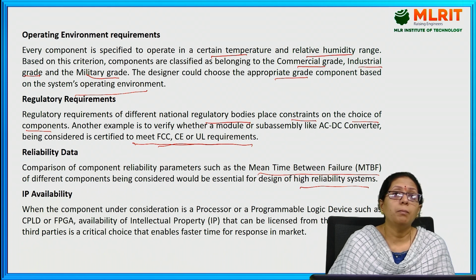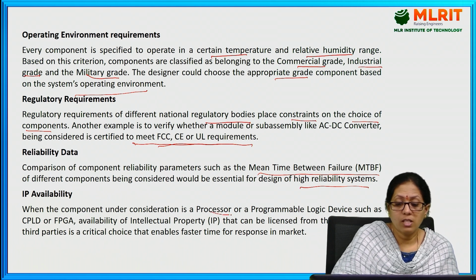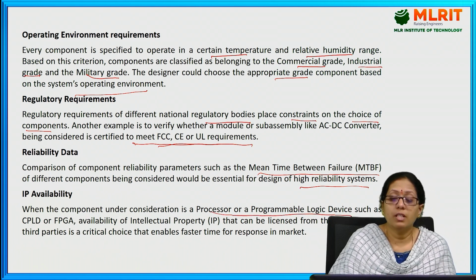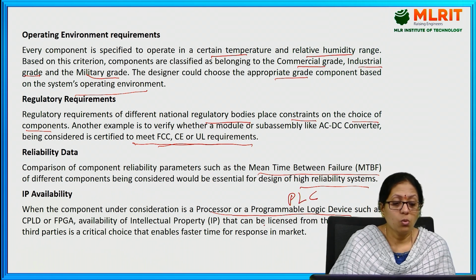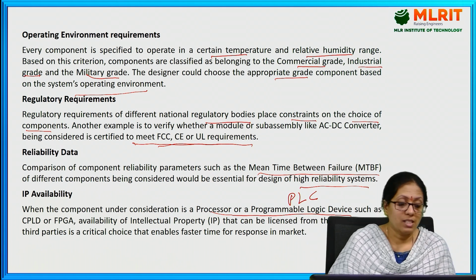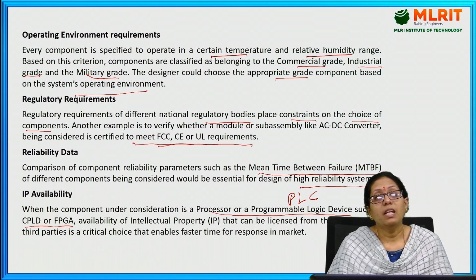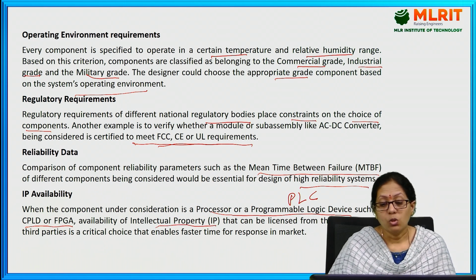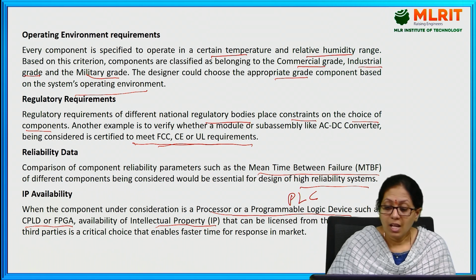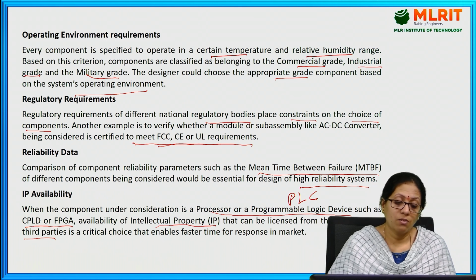Next one is IP availability. When the component under consideration is a processor or a programmable logic device, such as a CPLD and FPGA, the availability of intellectual property, IP, is to be licensed from the IC vendor and from third parties.